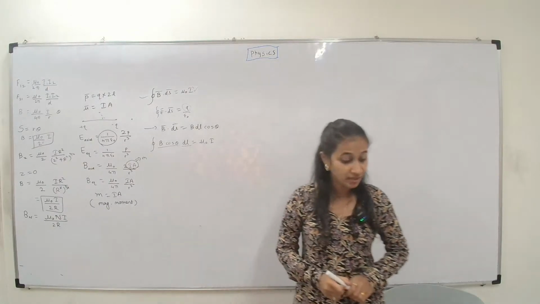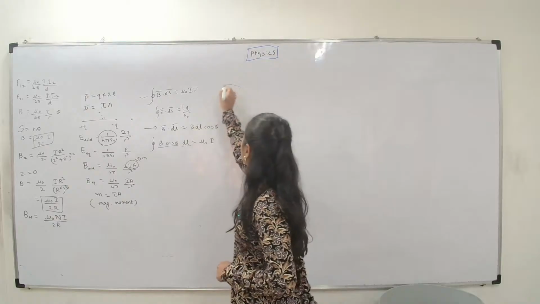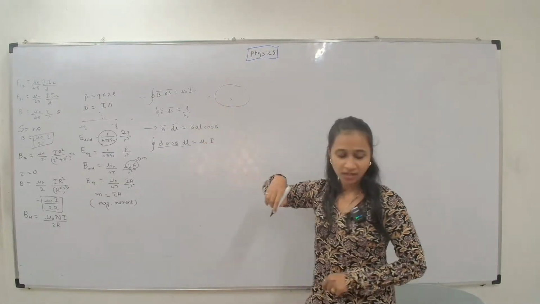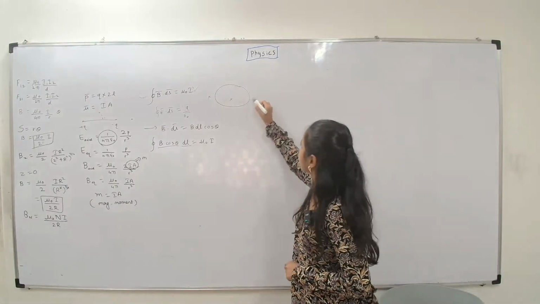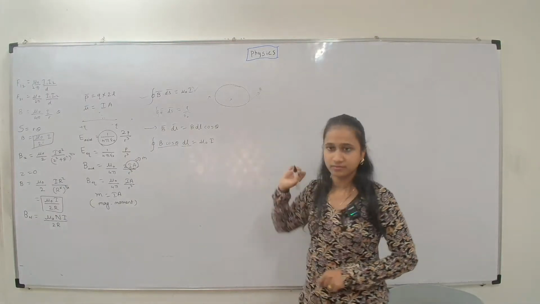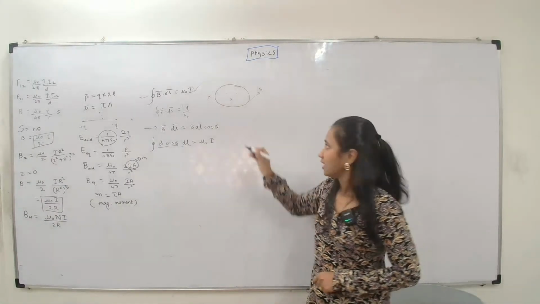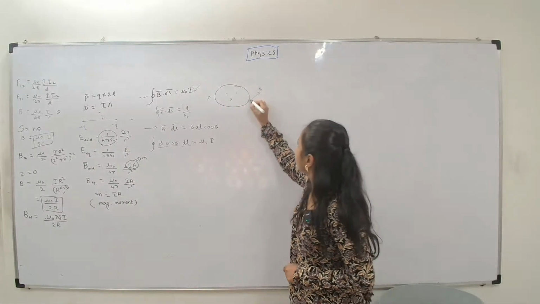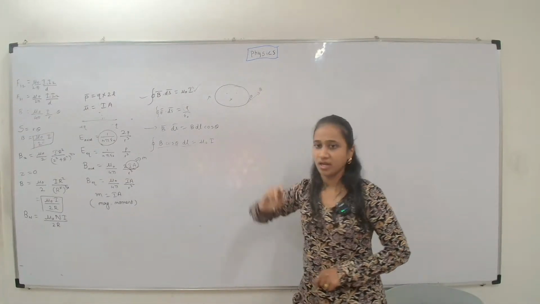ठीक है? Diagram मध्ये बघा दिसते. This is your Amperian loop, current element काहीतरी. ठीक है? And here the field direction is into the plane of the paper. Theta काय दिलेला आहे? If this is dl, ठीक है, and this is the B, the theta is between B and dl.